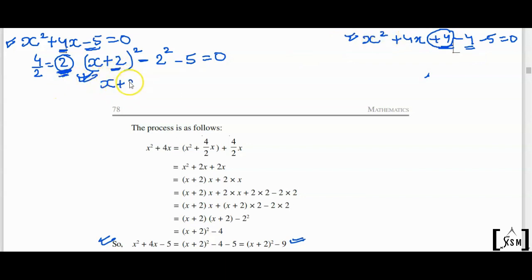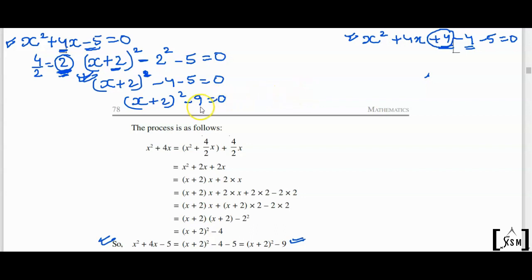So x plus 2 whole square, I am not going to break it because we had to do it by the completing the square method. So we have actually completed the square, and this is minus 4 and minus 5 equal to 0. So x plus 2 whole square minus 9 equal to 0.